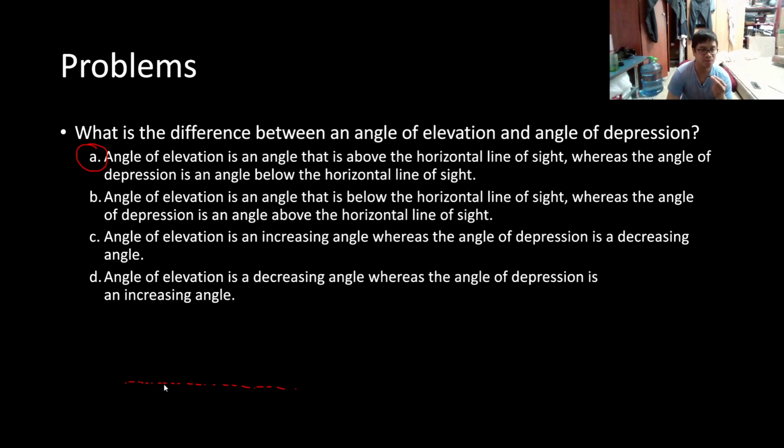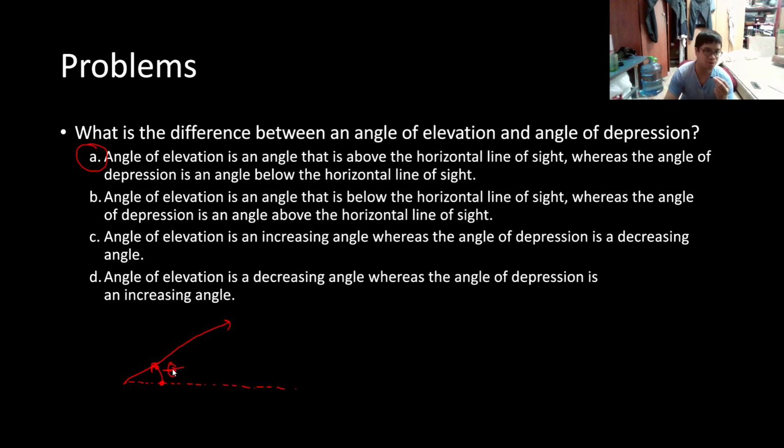If we're going to form an angle starting from here and it goes up, and then let's just say there is a line that tells you how far the angle forms.